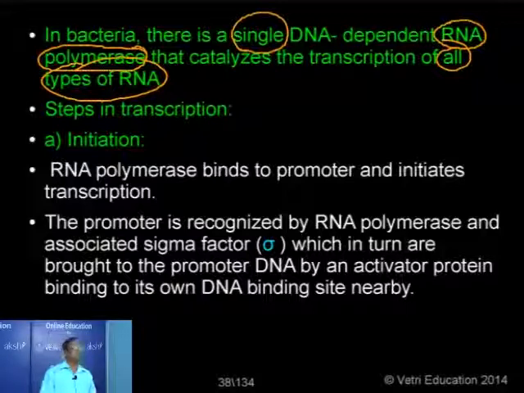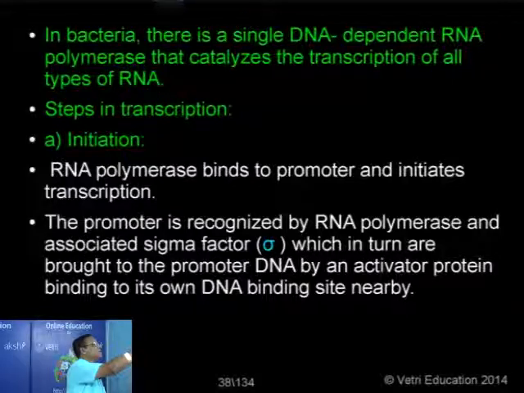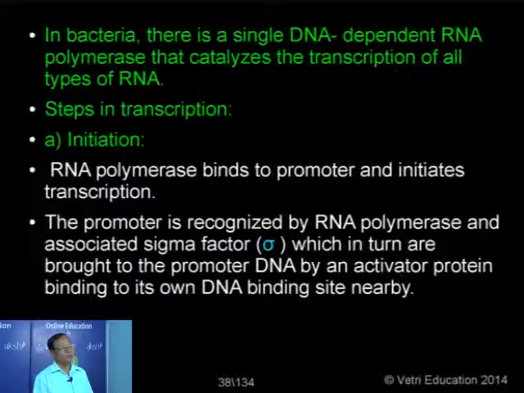Now, what are the steps involved in the transcription process? Let us take the case of the prokaryotic cell, namely the bacterial cell. In all cases, we need three steps. One, the initiation. The process has to be initiated. Then, increase in length of the mRNA, the one which is to be transcribed. That is called elongation, by adding the nucleotides. The third process, we have to stop the transcription process. Because suppose we want only 30 amino acids, so we need the genetic information only for the 30 amino acids.